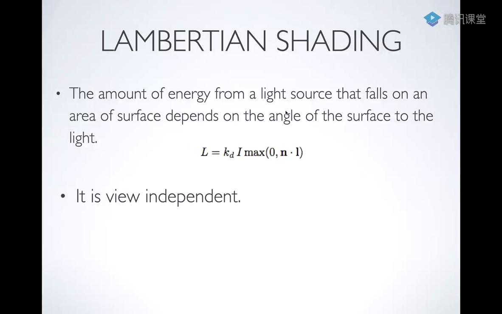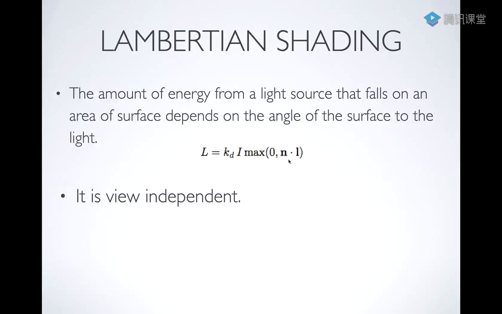Okay, so this is the diffuse model, or Lambertian shading. If we use a mathematical equation to describe it, it can be described like this: it's a max function of 0 and the surface normal dot product the light source direction.